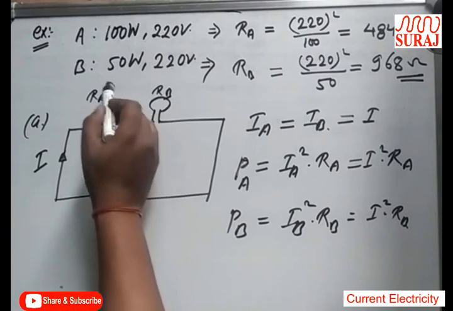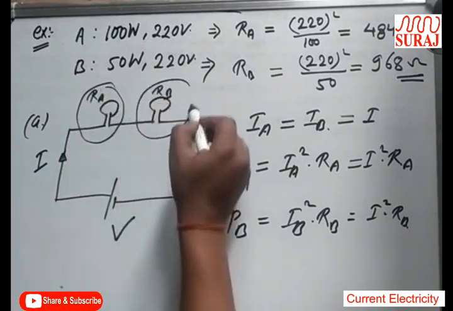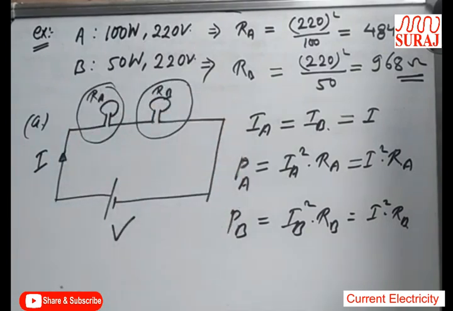Now the bulb showing more brightness must dissipate more power with respect to the other.